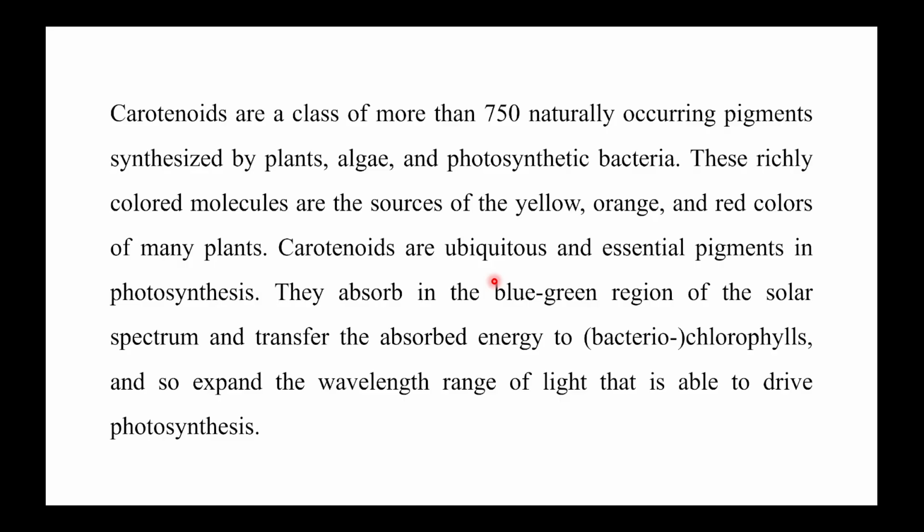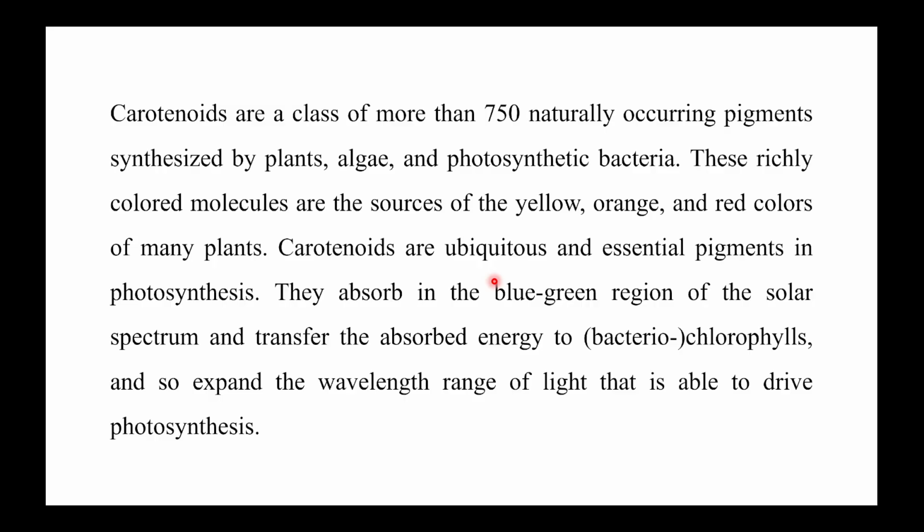Generally the green color of the plant is due to chlorophyll, right? So if the plant has more carotenoid pigment than chlorophyll pigment, it will appear red, yellow, or orangish.